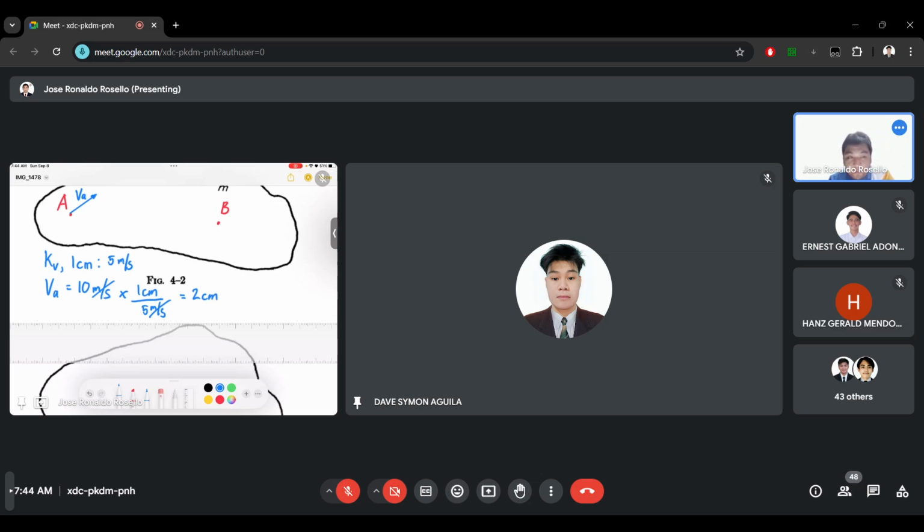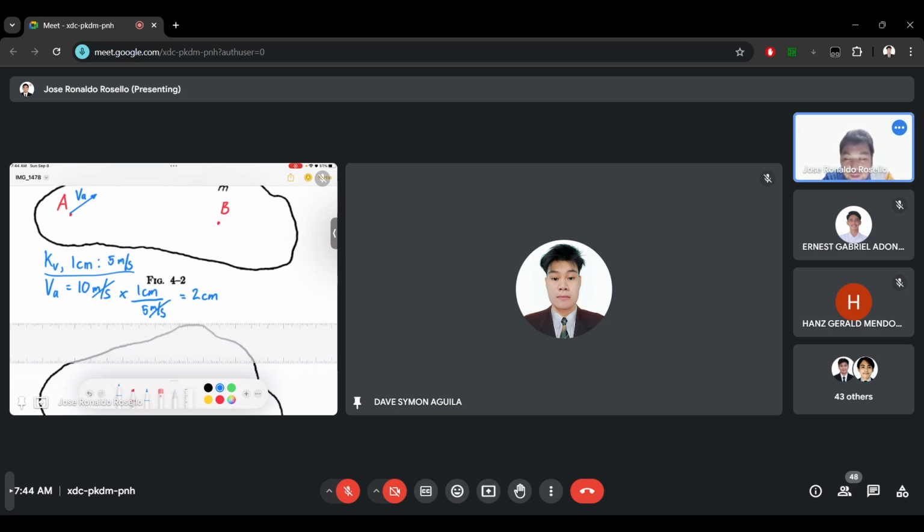So if we draw 10 meters per second in the space diagram, it will be 2 centimeters long, because the given scale is 1 centimeter for every 5 meters per second. So now I have drawn 2 centimeters on the space diagram.